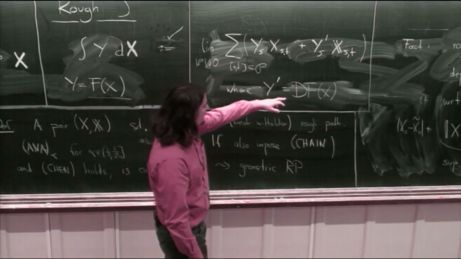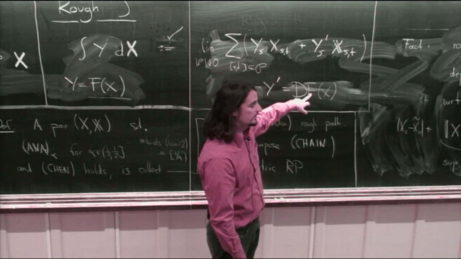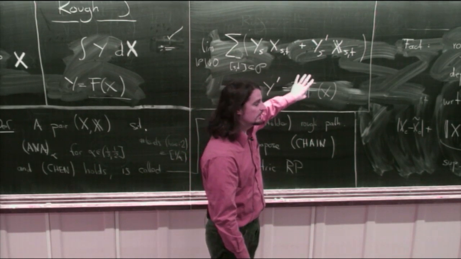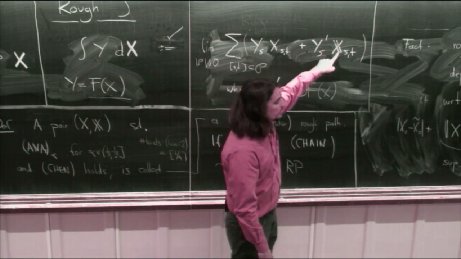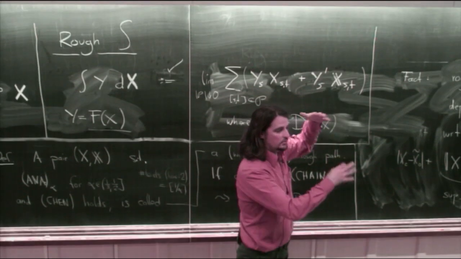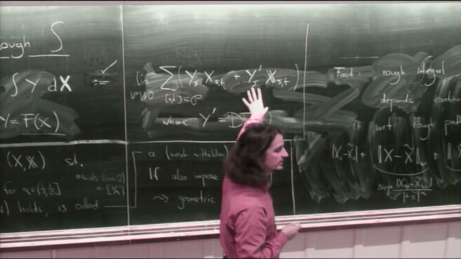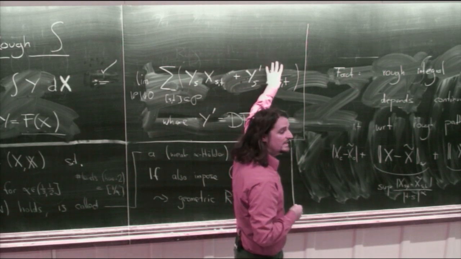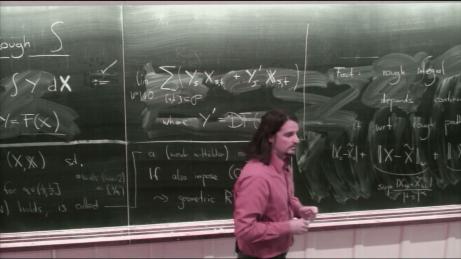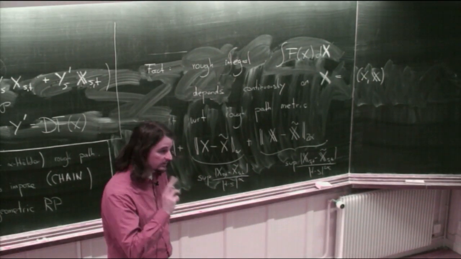When you start to feed in, if f happens to be a gradient, then this here would be a second derivative. There's some symmetry going on here, and this will contract against the antisymmetric part, the Lévy area, and the Lévy area will drop out. So the Lévy area, the antisymmetric part, which is the key here, doesn't play a role in the gradient case, and only in the gradient case.